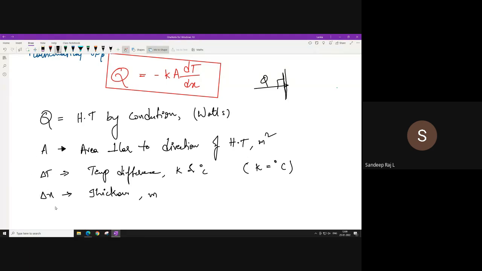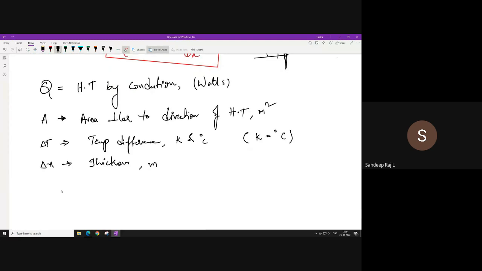Along with this, we shall also see a term called delta T by delta X, or dT by dx also. This term put together is called the temperature gradient. How the temperature is varying along the thickness, that we call the temperature gradient.